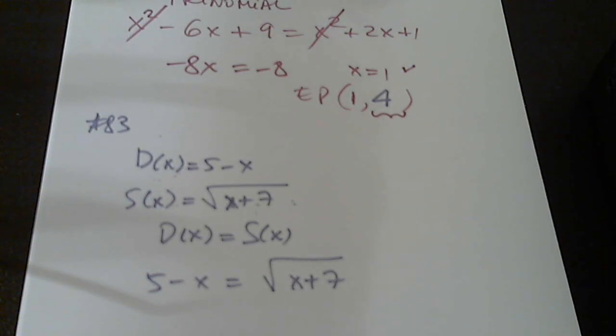Anyone has an idea? I would say get rid of the square root. Yes, we want to get rid of the square root. I agree. How do we do that? What should we do to both sides to get rid of the square root? Very good.